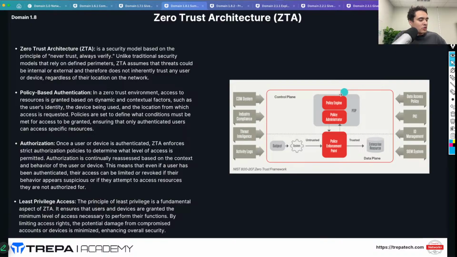But they say zero trust architecture essentially works like this. You have a control plane which you configure as an administrator with a policy engine and a policy admin here. And that creates what's called a policy decision point, a PDP. So policy engine, let's say that's Cisco ISE, Identity Services Engine. That's Active Directory. That's Microsoft Entra ID.